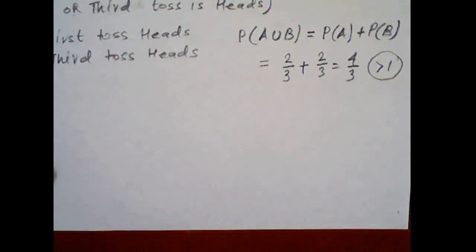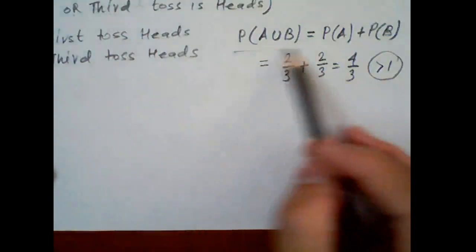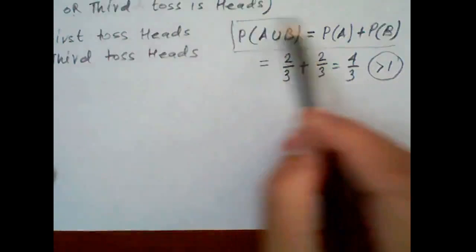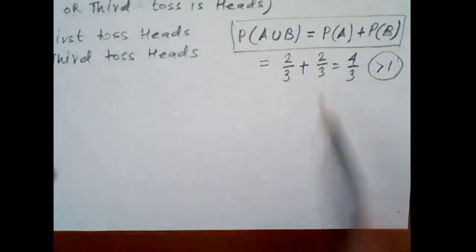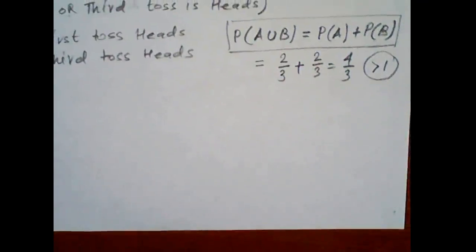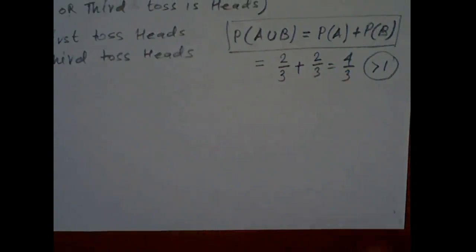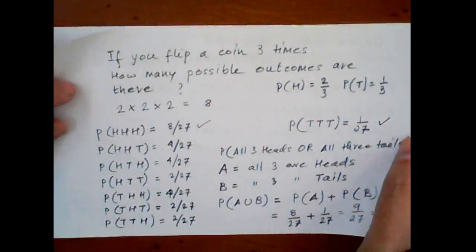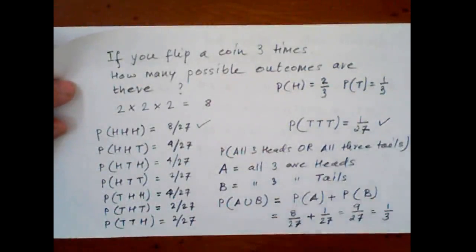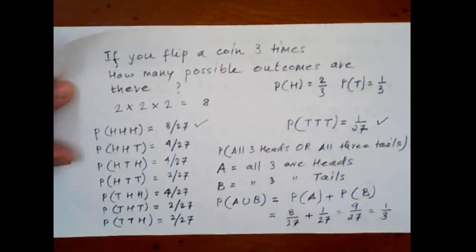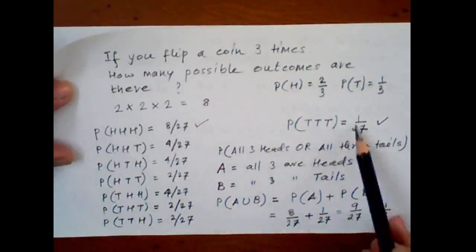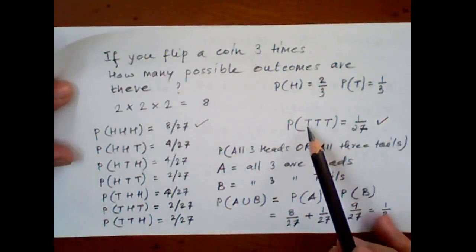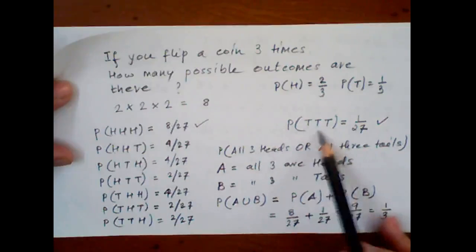Why is it that this calculation in the previous problem was fair, but here this calculation becomes unfair? Now let's look at it. If you look at our previous calculation, the probabilities of these outcomes are 8 by 27, 4 by 27 and so on until 1 by 27 for the outcome that all three were tails.